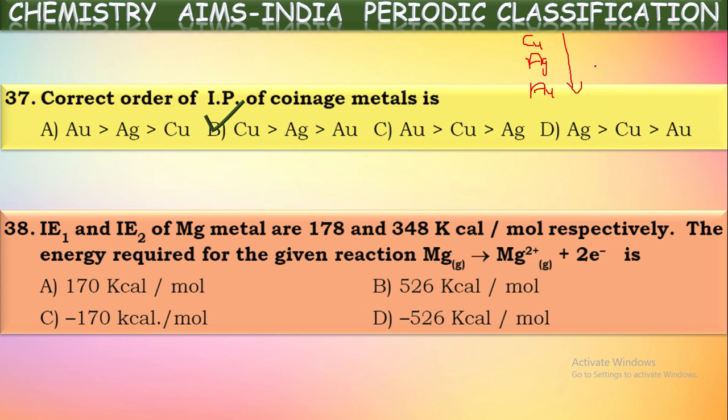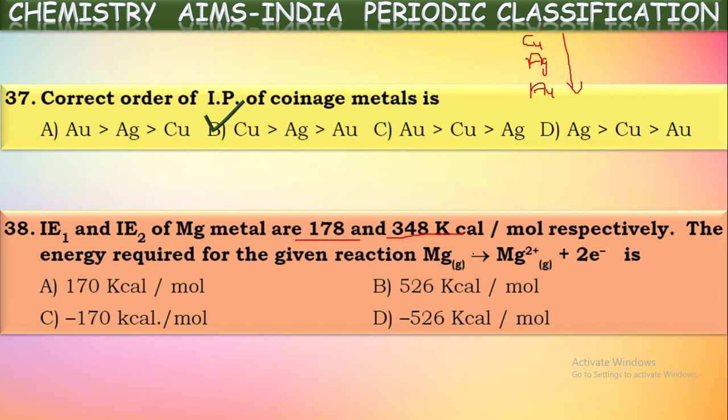IE1 and IE2 of magnesium metal are 178 and 348 kilocalories per mole respectively. What is the energy required for the reaction magnesium gives magnesium plus 2 and 2 electrons? To become Mg plus 2 ion, 2 electrons should be removed. For the removal of the first electron, this much energy is required, and for the removal of the second electron, magnesium requires this much energy.